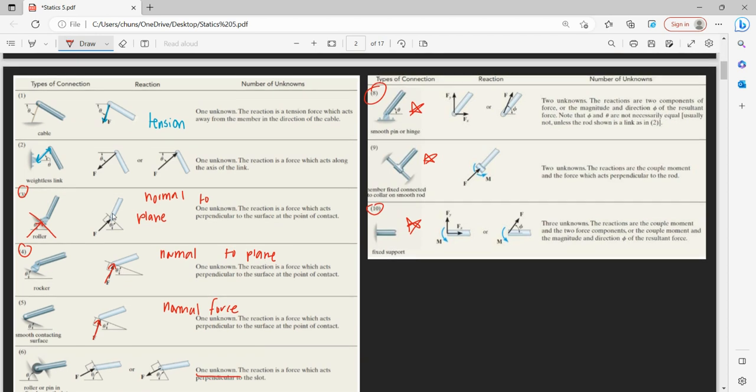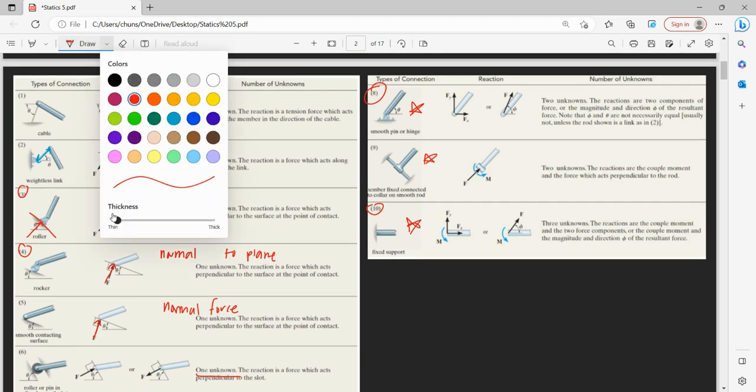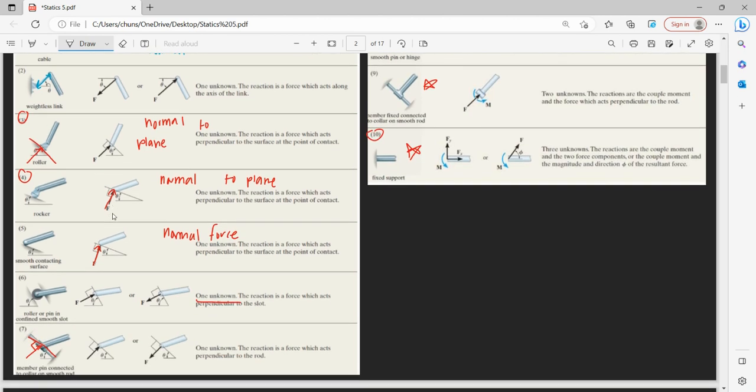Right, and then we have a smooth pin or hinge. So here is a good example for me to explain what I mean by restricting translation. So if you have a beam that's attached to this hinge, you could still pick this part up, and since it's like a hinge, you could rotate it this way by picking up this end to make it look like this.